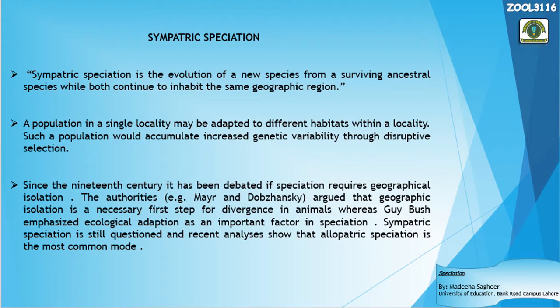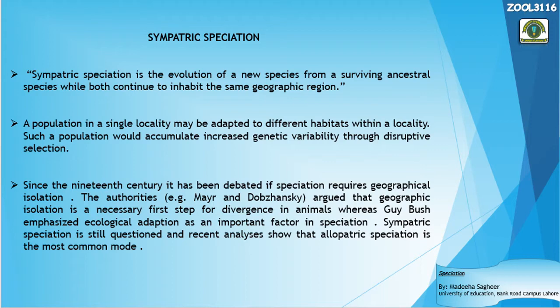Okay, another major mode of speciation is sympatric speciation. Sympatric speciation, as its name suggests, sym means together. So, in contrast to allopatric speciation, in which the population is subjected to some physical barrier in between, here this is not the case.